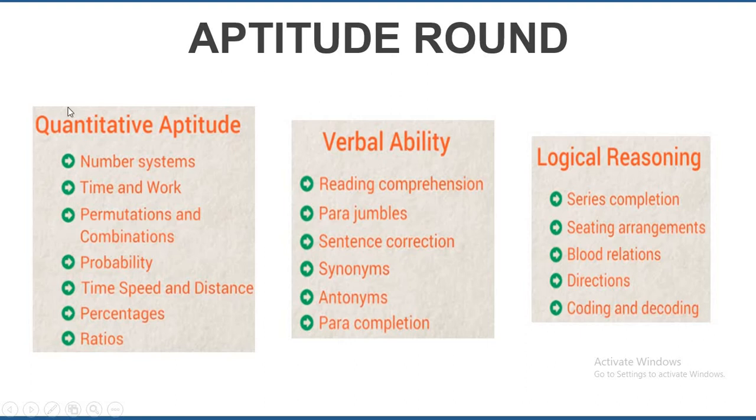These are the three categories that we refer to as aptitude. The questions will be asked from any of these concepts, and you should thoroughly understand these topics and be well practiced with the problems that will be covered from them.